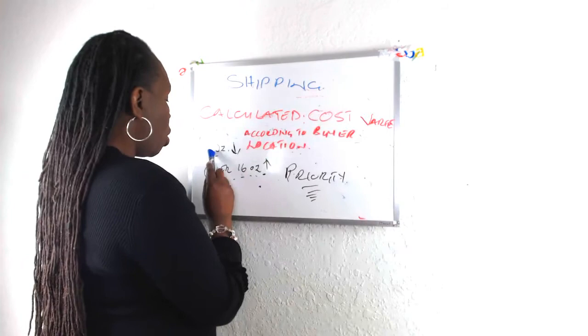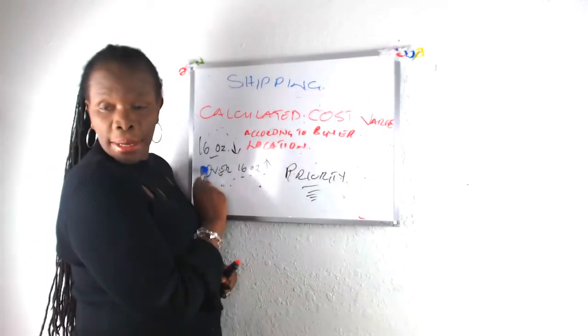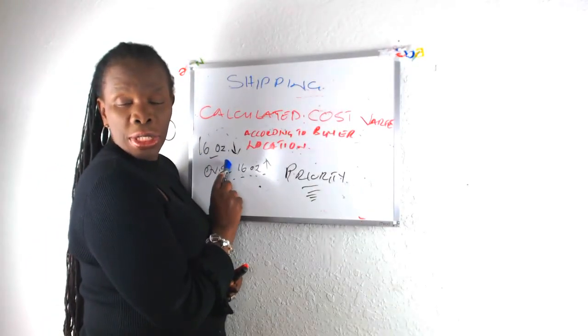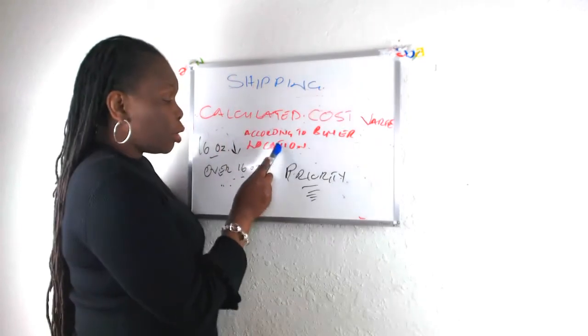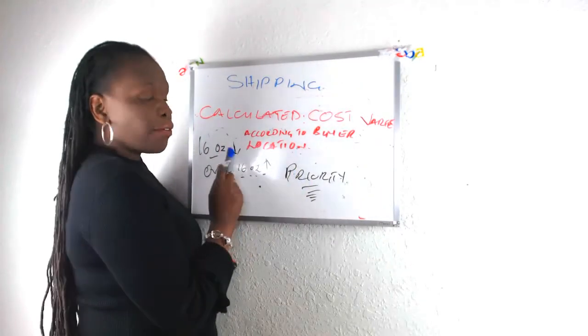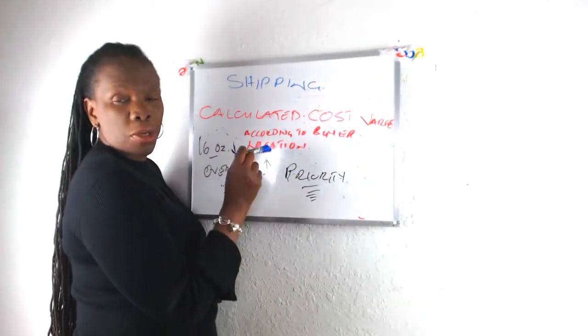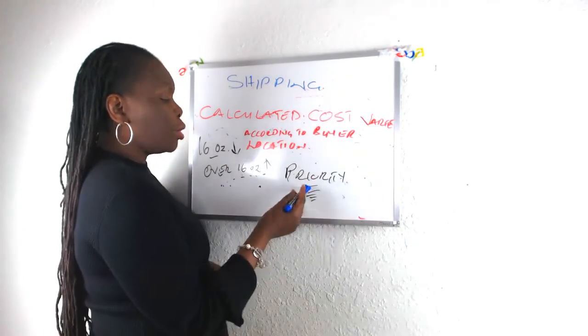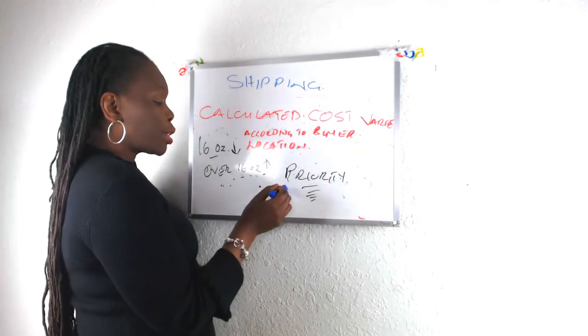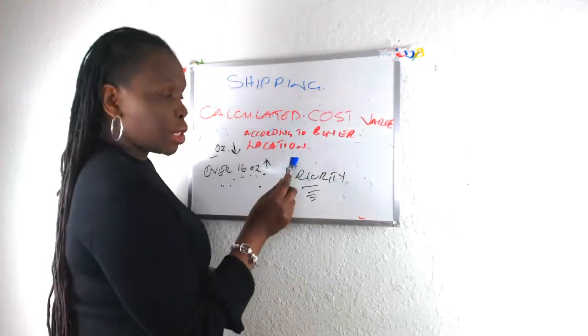At this point, you know whether your item is 16 ounces or less, or 16 ounces or higher. That way, you will know what to select. If it's over 16 ounces, because you have a scale and you've weighed it, you are going to select the priority type of shipping.